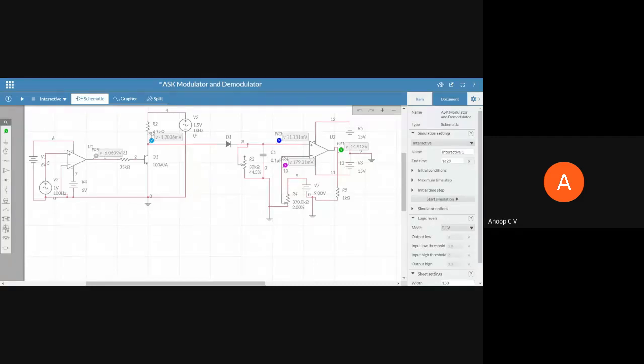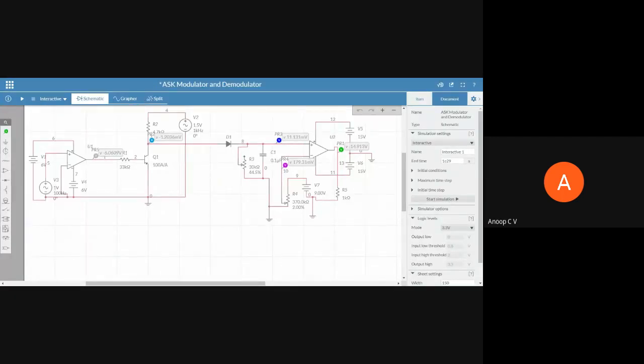Next week, I'll provide a link for you to share that. You should be editing that same doc file every week, apart from the notebook. You will enter the circuit diagram simulated in Multisim and the waveforms obtained, and update it there.